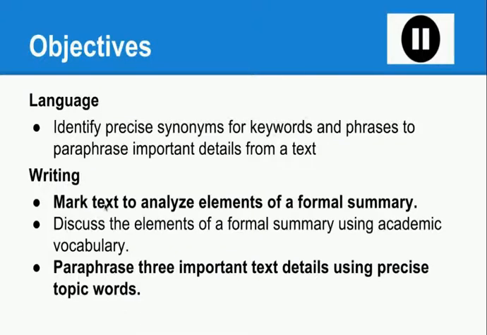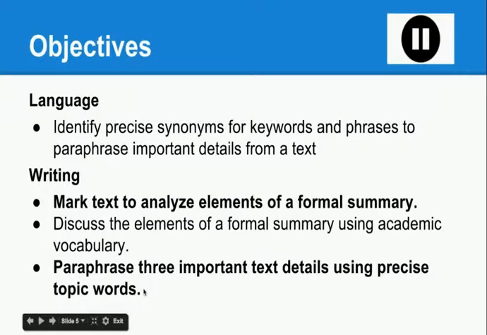Marking it means you're going to underline, star, parenthesize, highlight, and you're not just going to mark it up for the sake of marking it up or drawing on it, but you're going to analyze those elements of a formal summary. The idea is once you're able to know the specific elements of a summary, you'll know how to write one, or at least you should know what belongs in a formal summary.